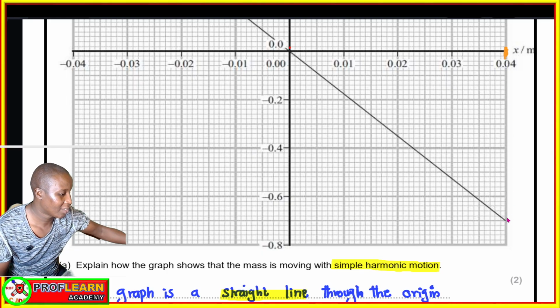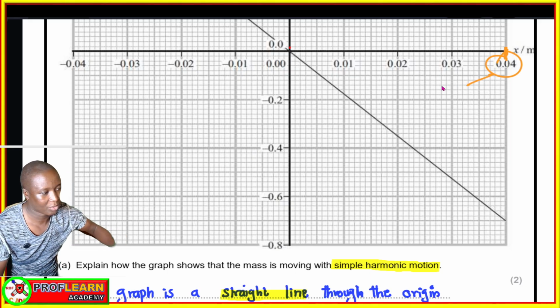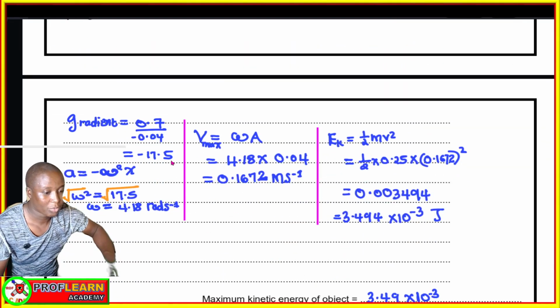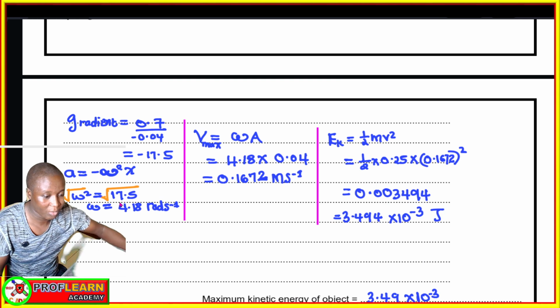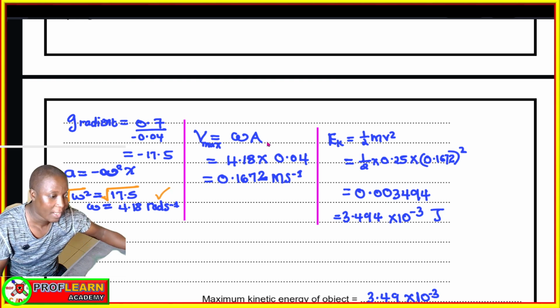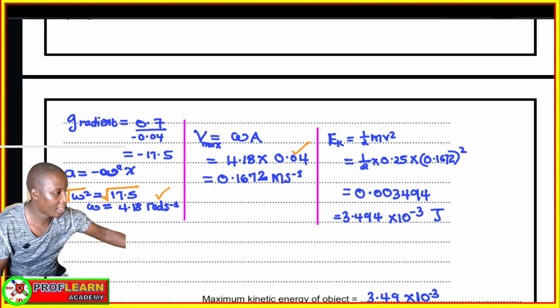That's our amplitude. So you can work out maximum speed using the angular frequency that we have gotten here and the amplitude. Then we get our maximum velocity to be this value.